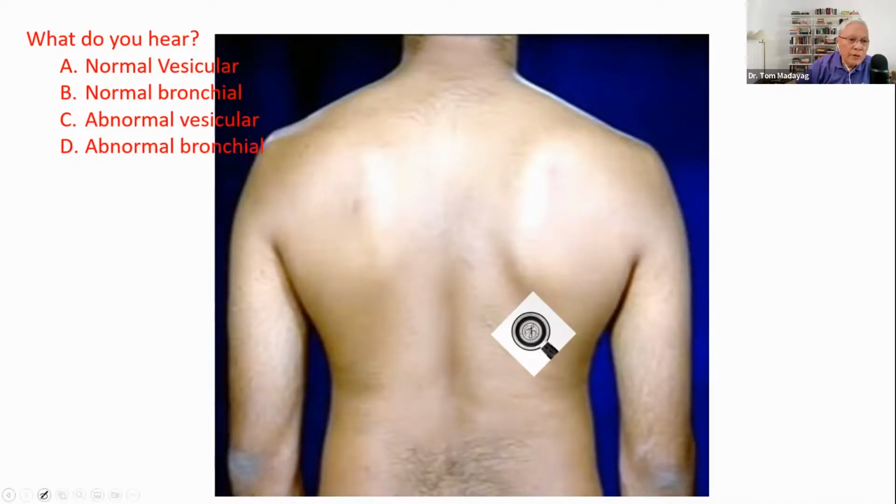But what we heard was, in addition to the vesicular breath sounds, a discontinuous breath sound. And those discontinuous breath sounds, therefore, are going to be abnormal in those areas. And that is a rale. Okay, so this is how you answered: abnormal vesicular. Very good.